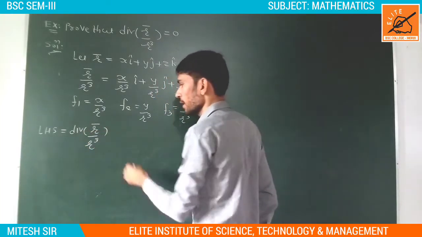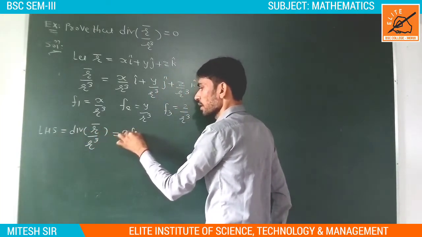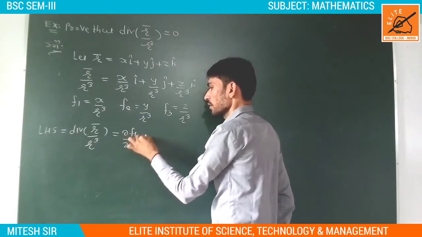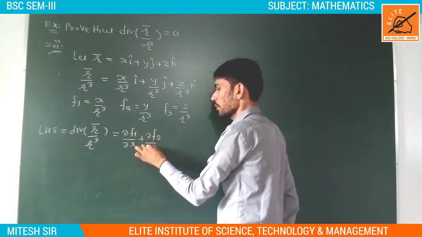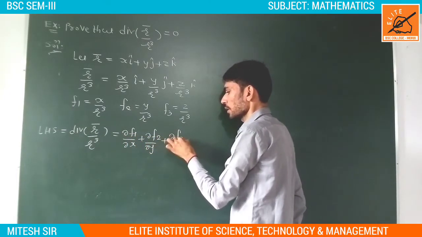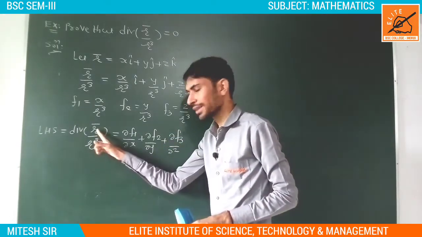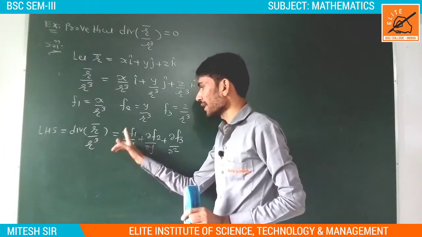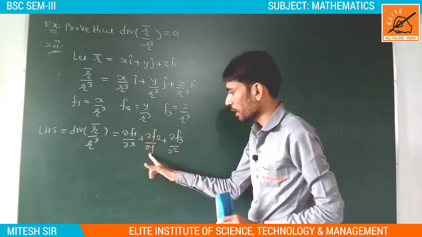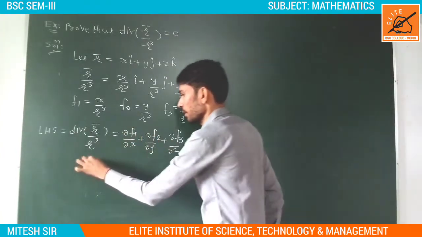Here we apply the formula of the divergence, that means del f1 upon del x plus del f2 upon del y plus del f3 upon del z.